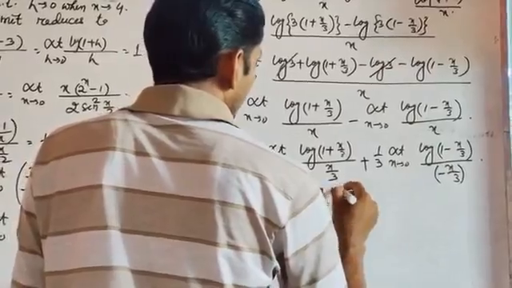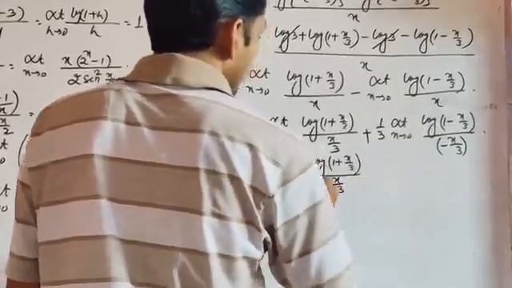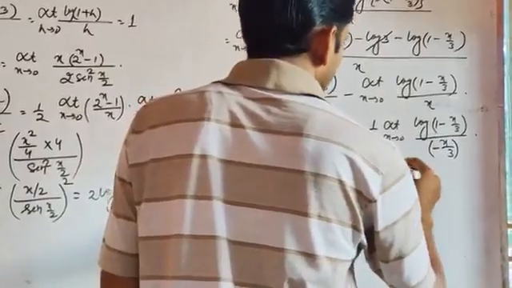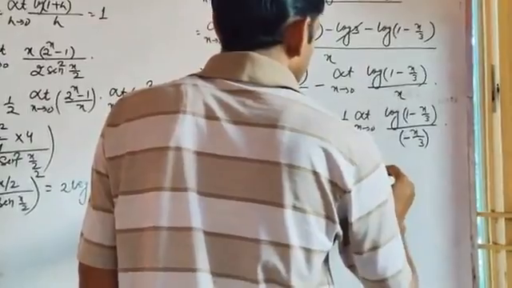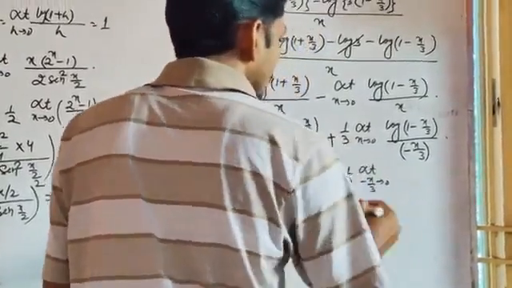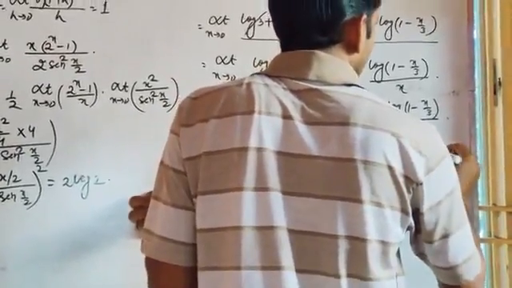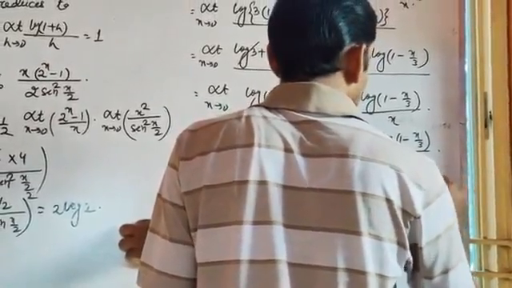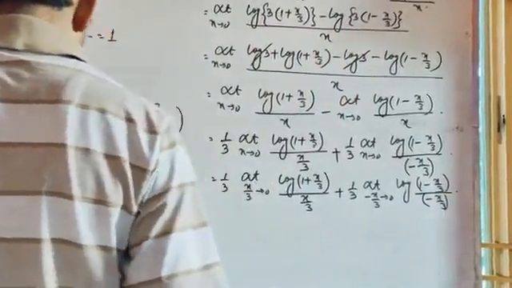You can write log 1 plus x by 3 by x by 3, plus 1 by 3 limit minus x by 3 tends to 0, log 1 minus x by 3 by minus x by 3.